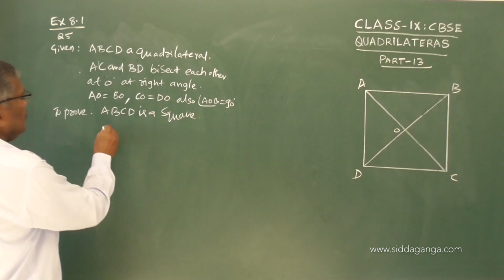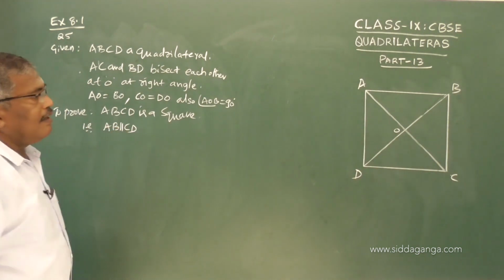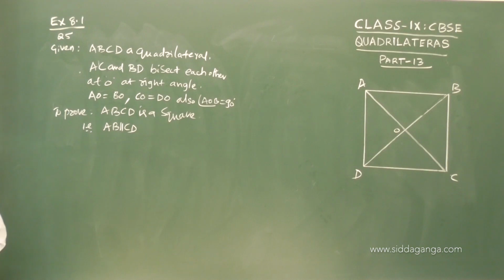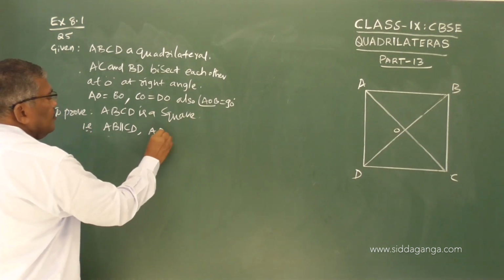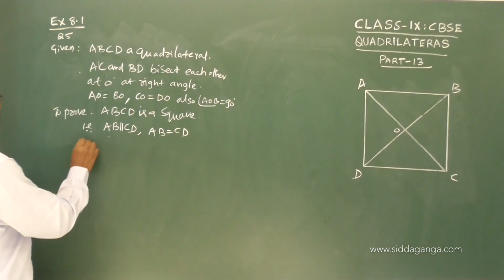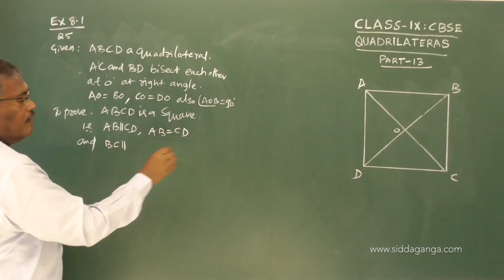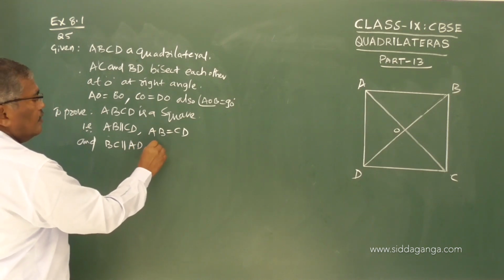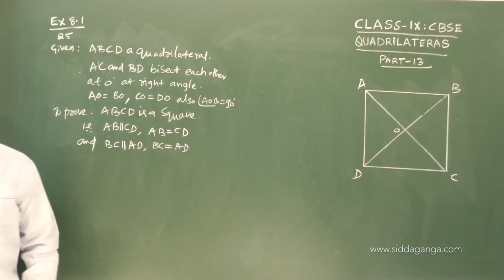So, for that what we have to do? AB parallel to CD, that is, opposite sides parallel, and AB equals CD, and BC parallel to AD and BC equals AD.